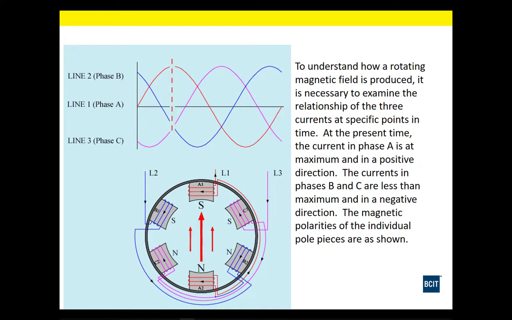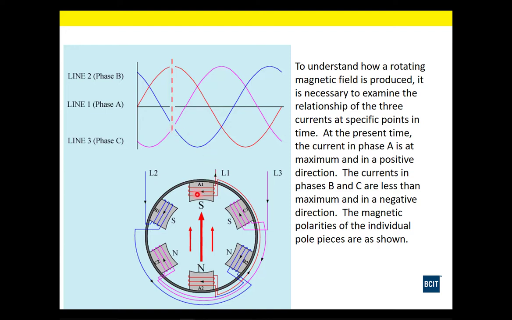So here, let's have a look at how the sine wave relates to the position of the magnetic poles. Right now, A phase is peaking, and at that same moment in time, B and C phase currents are flowing in the opposite direction.